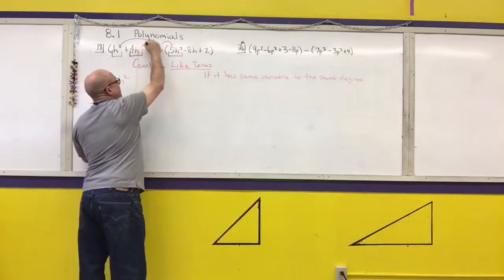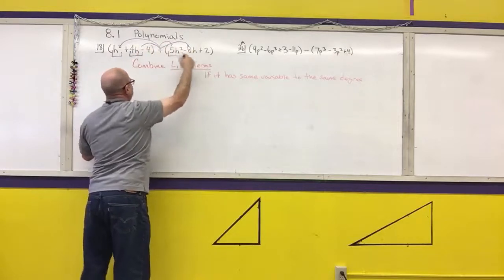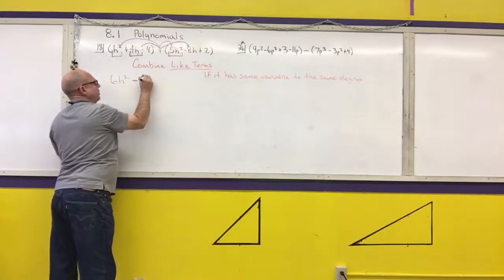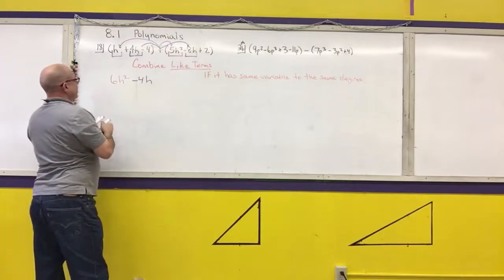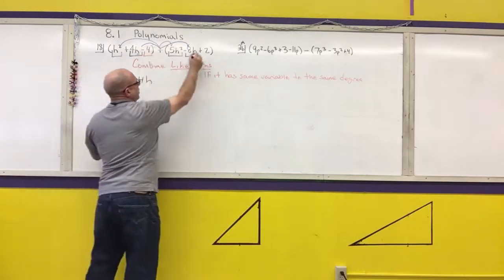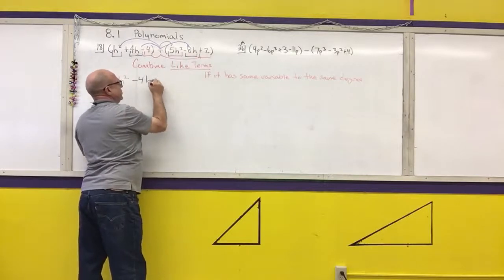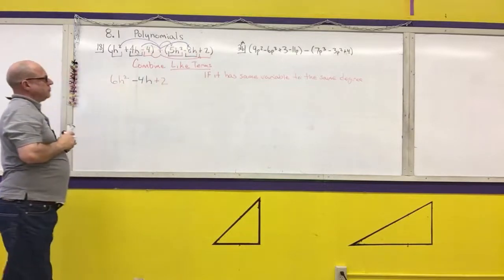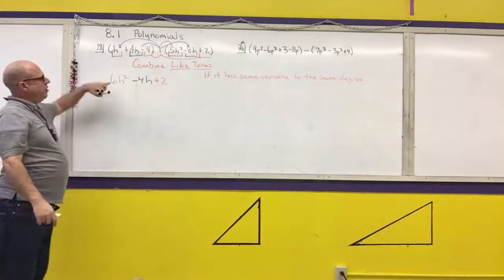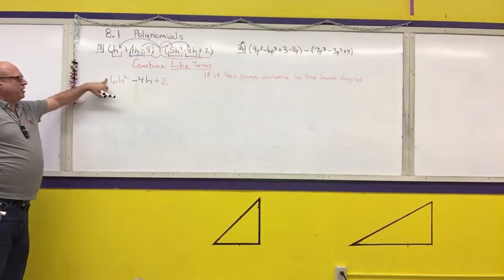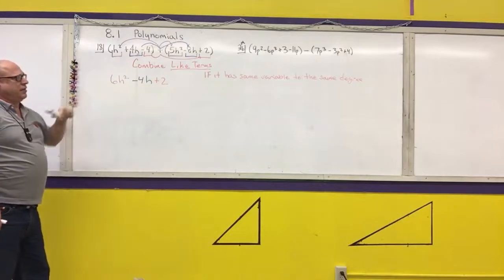It says 4h plus a negative 8h is 4 minus 8, which would be negative 4h. And then for my constants, I have negative 4 and 2. Negative 4 plus 2 is 2. So you find the ones that have the same degree and you combine them. And when you get all done, you want to write your polynomial in standard form, which is highest degree first, descending, and this one already is that way.